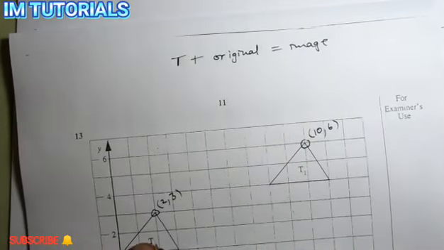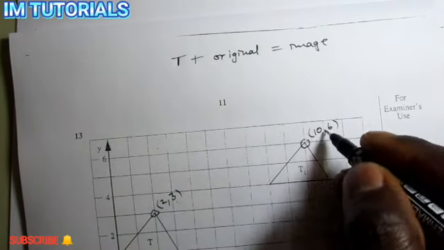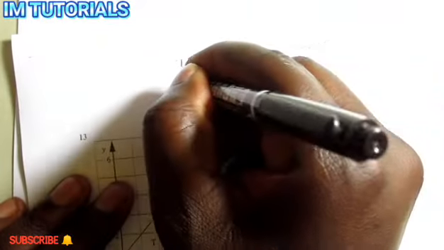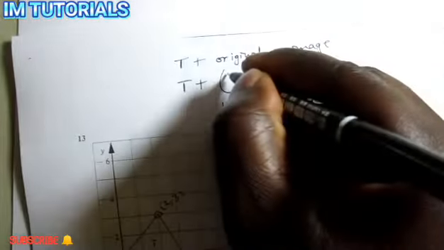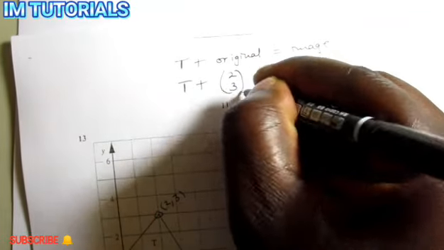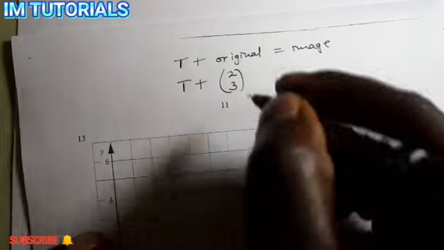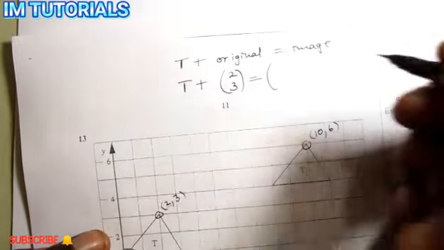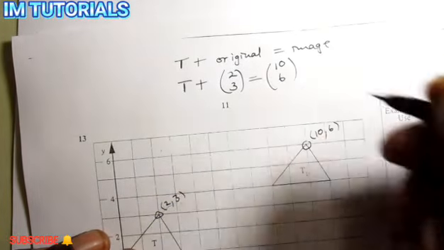Right. So since triangle T is representing your original and this is your image, T plus original. The points 2, 3, I will then write them as a column vector, where 2, the value of x, is on the top, and 3, the value of y, is on the bottom. We do the same on the image, putting 10 as x and 6 as y.